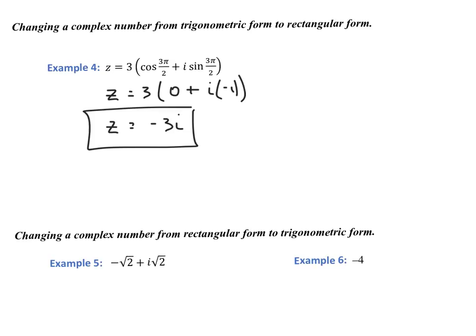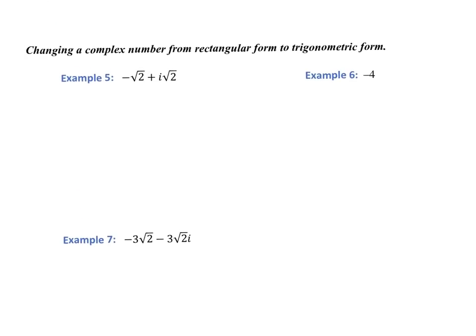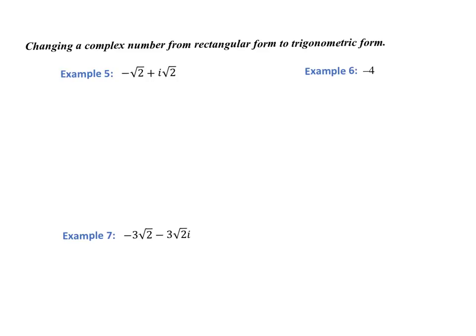Alright, let's take a look at going the other direction. Something that I did not mention earlier when we were talking about the modulus and the argument, but that is going to be important here, and it's very similar to what we did with polar: if you remember how x squared plus y squared equals r squared, well now we can say that a squared plus b squared is equal to r squared, or r is equal to the square root of a squared plus b squared.